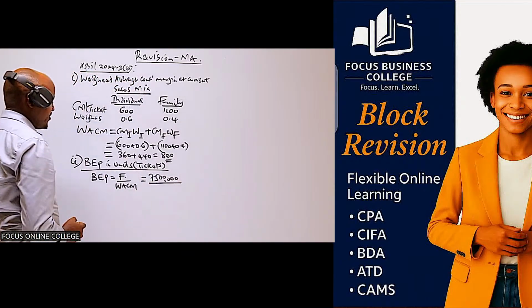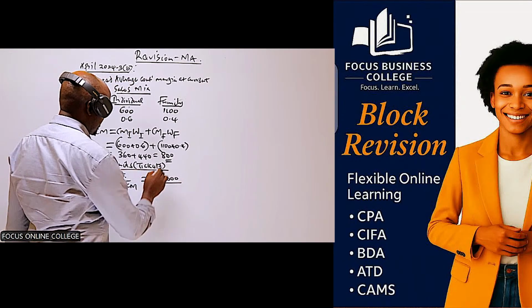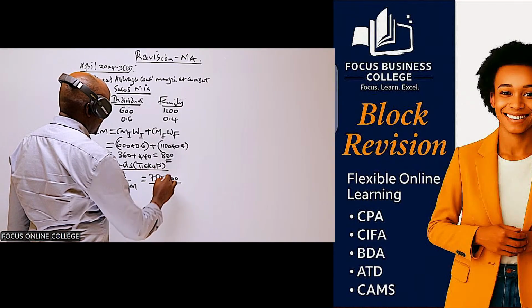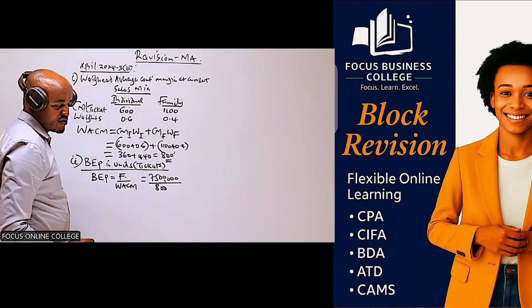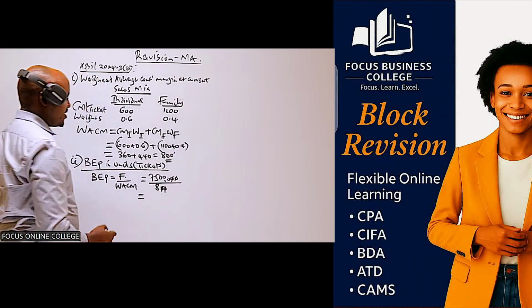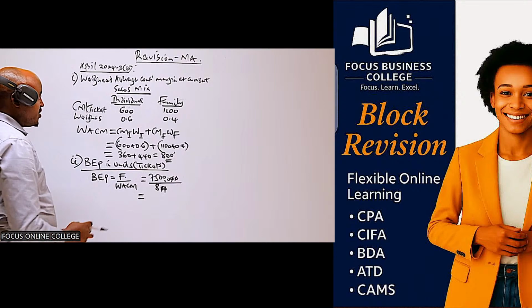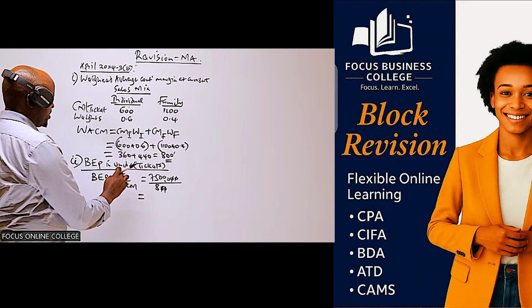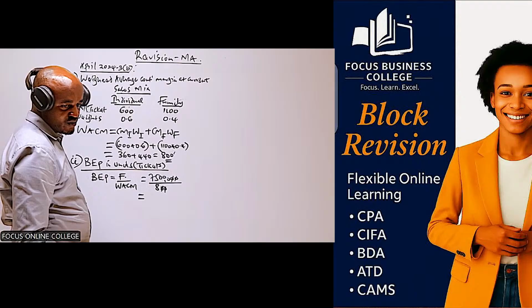We divide that with the weighted average contribution margin, which is 800, what we have computed up here. And this now will give us the total tickets to be sold, including family and the individual tickets to break even.